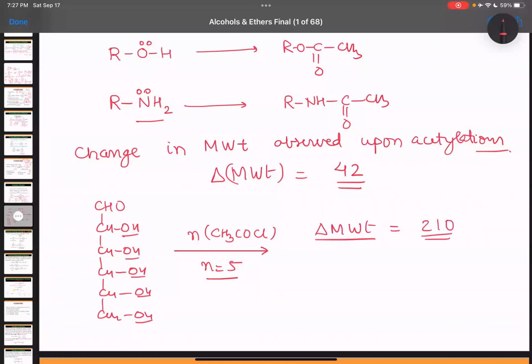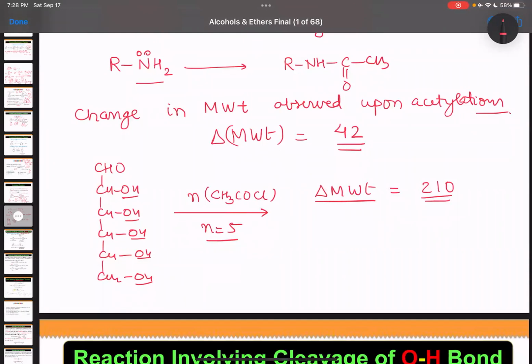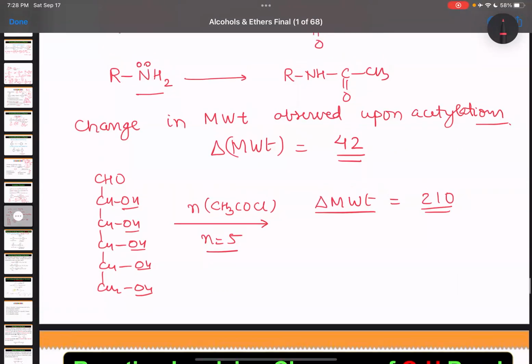It will be 210. 42 into 5. Is it clear? So what they will do, they will give you the reverse question also. In JEE Advanced also they have asked, in NEET also, because it is a very common concept and used in carbohydrates also.